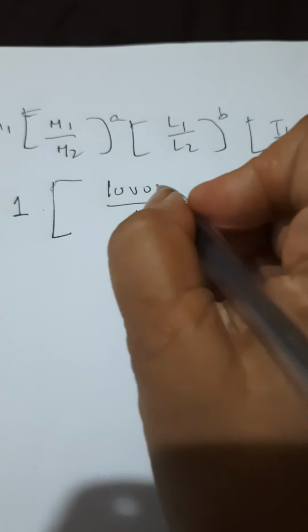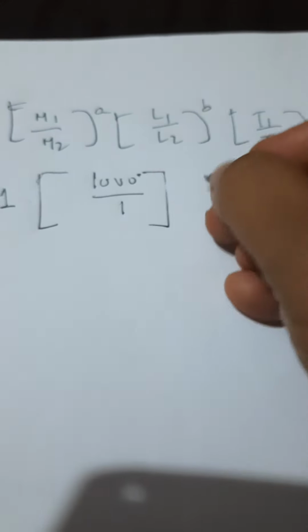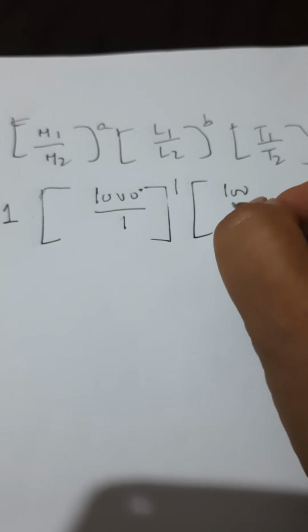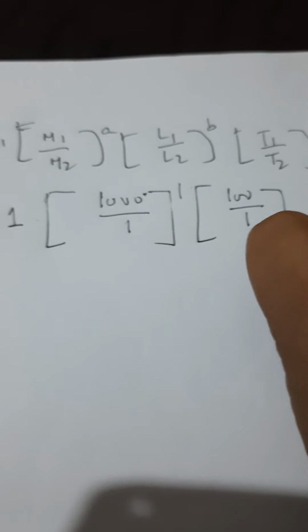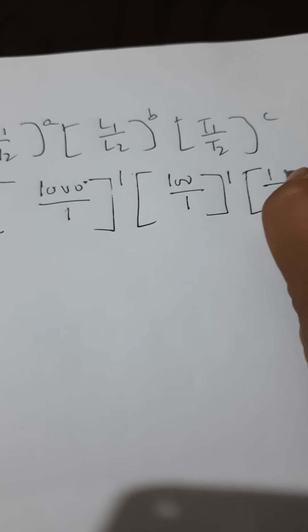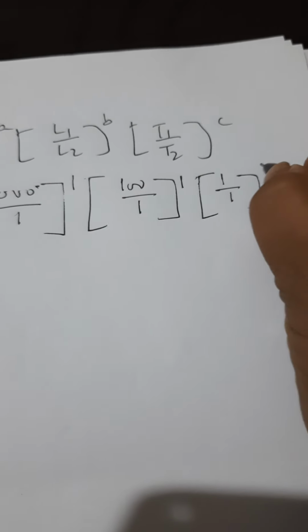N1 is equal to 1, M1 is 1000 by M2 is 1 whole to the power a is 1, L1 is 100, L2 is 1 whole to the power b is 1, T1 is 1, T2 is 1 whole to the power c is equal to minus 2.